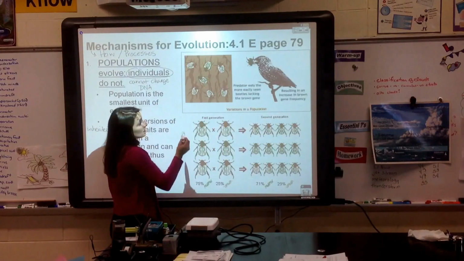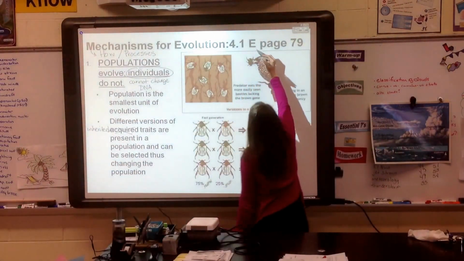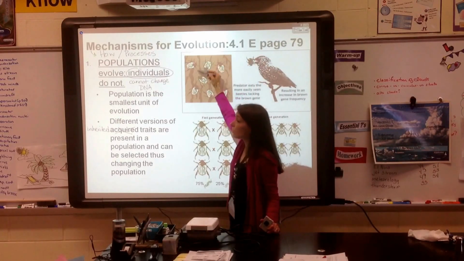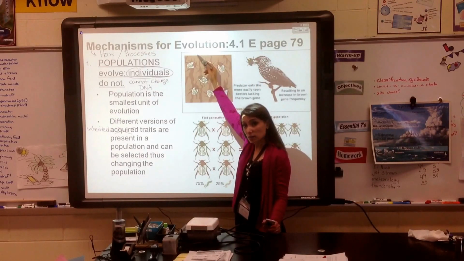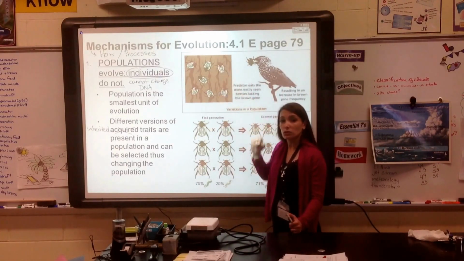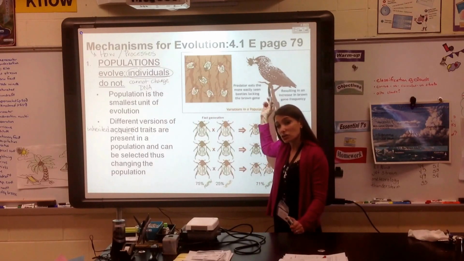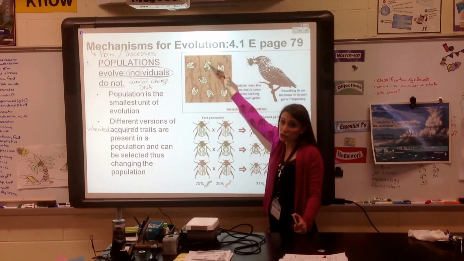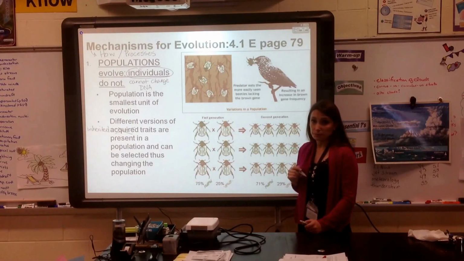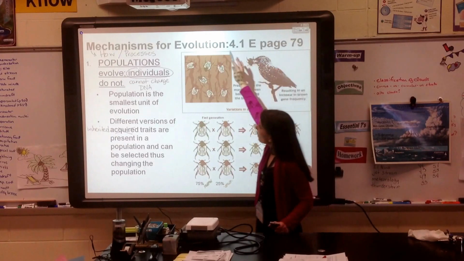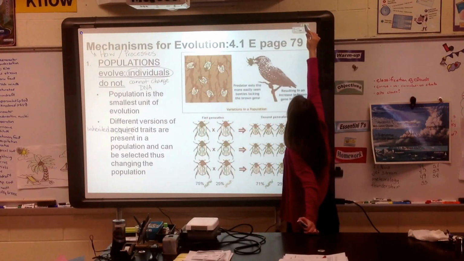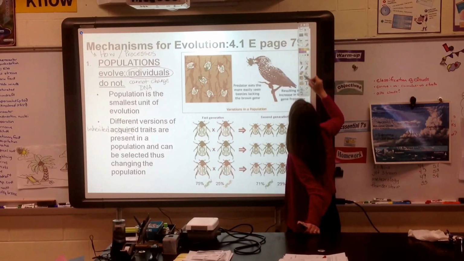And so what we see is that when we have a selection force, the predator is the selection force, the environment is the color of the beetle's background, and the selection force is going to select who survives. And thus the selection force affects the population and how we see the whole population. So when we look at how evolution happens, it happens by changes in population, not changes in individuals.